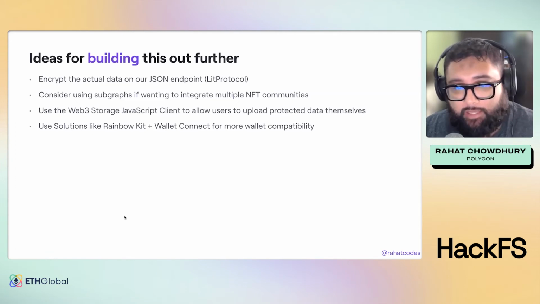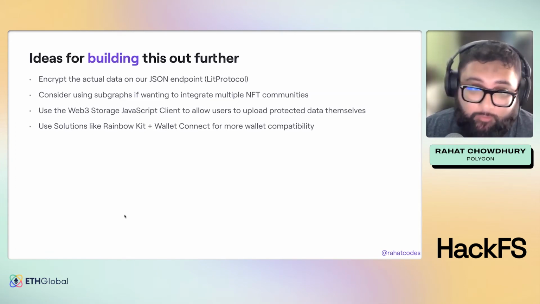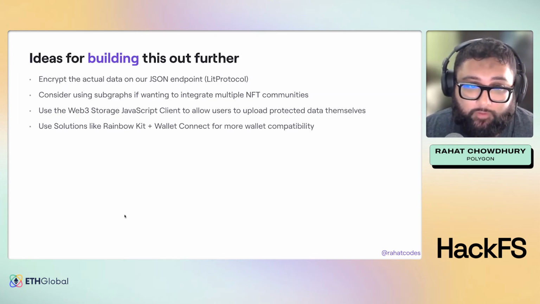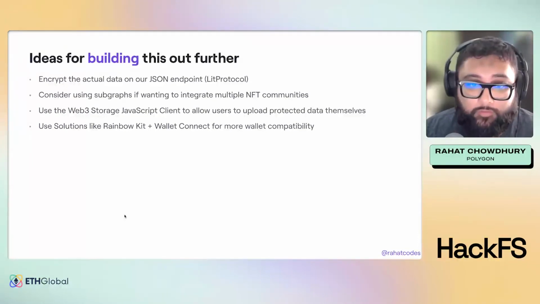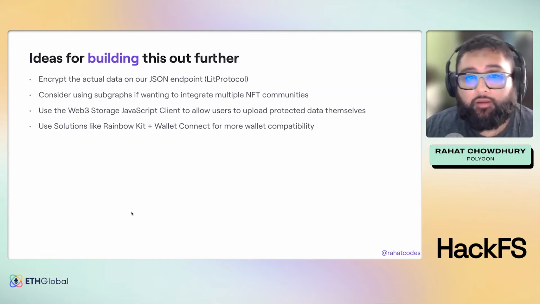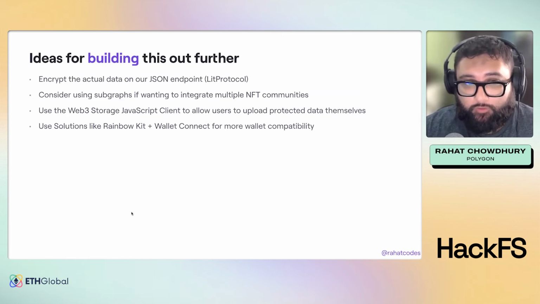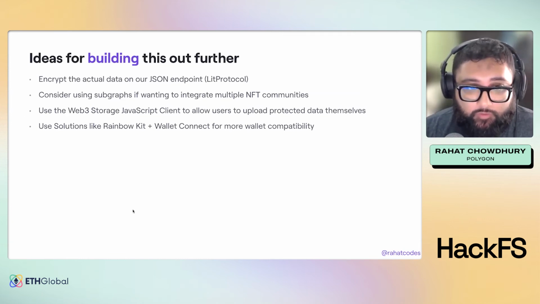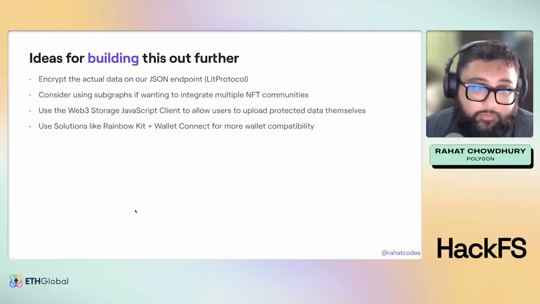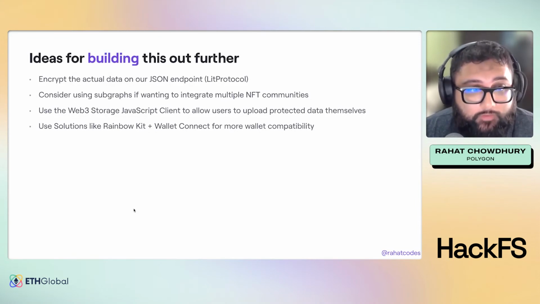Maybe you want specific addresses to have access to it, etc. So aside from using your own server to do some of that validation, Lit Protocol is a good Web3 way of making this a little bit more secure and encrypting this information specifically for those NFT holders or any addresses of your choice.